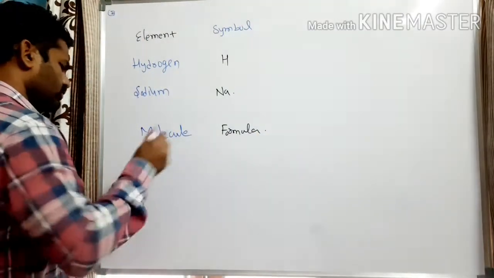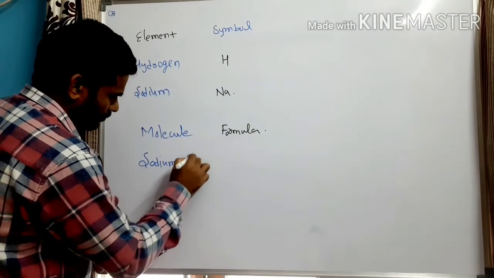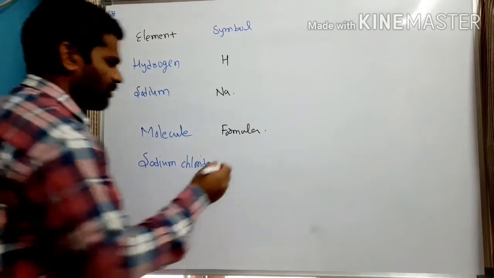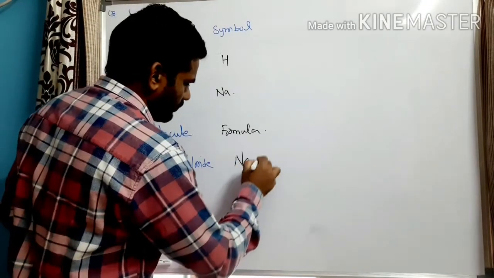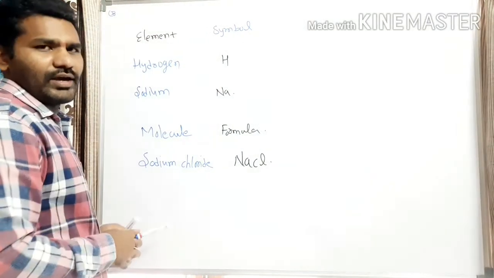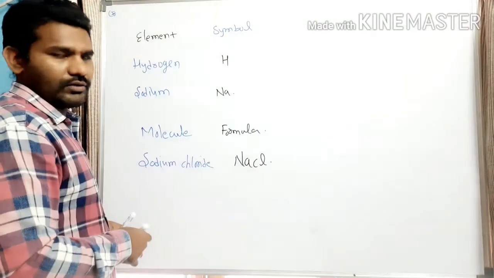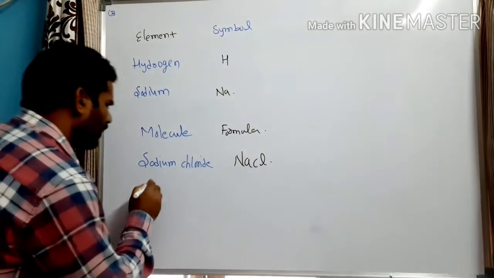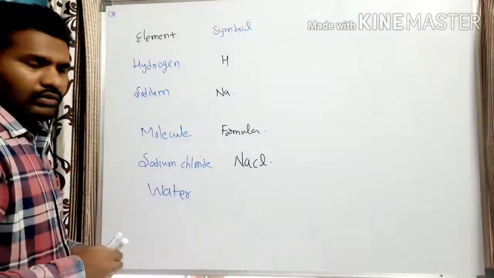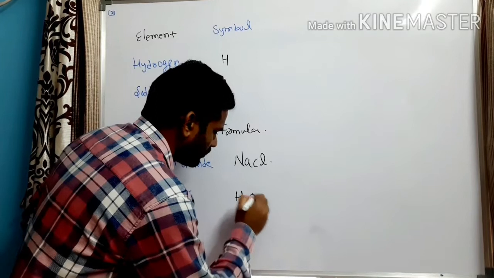Suppose sodium chloride is there, we represent it by the formula NaCl. How? That we are going to learn in the next video using the crisscross method. And water can be represented by the formula H2O.